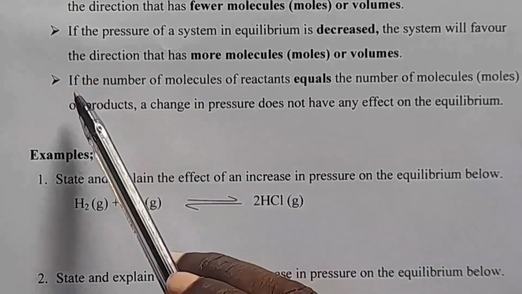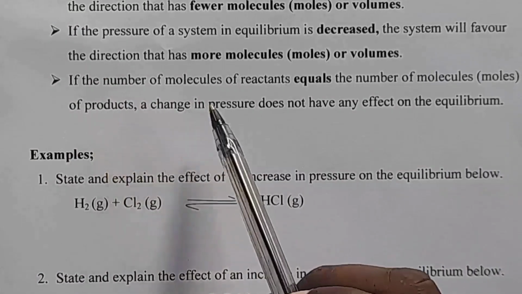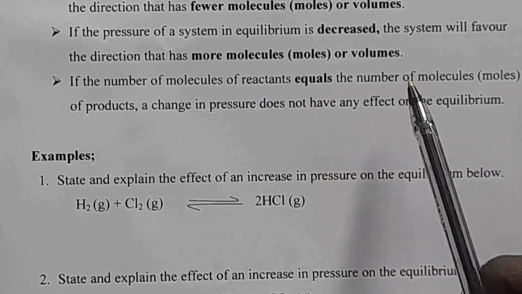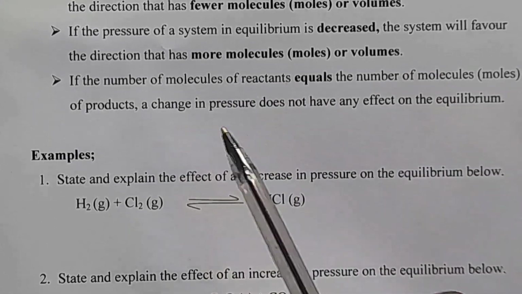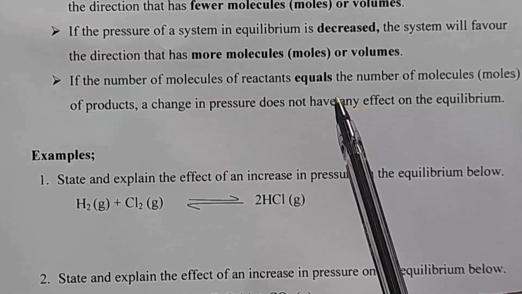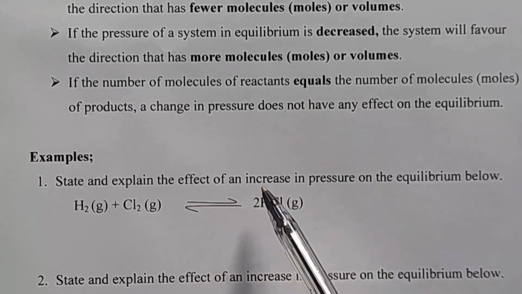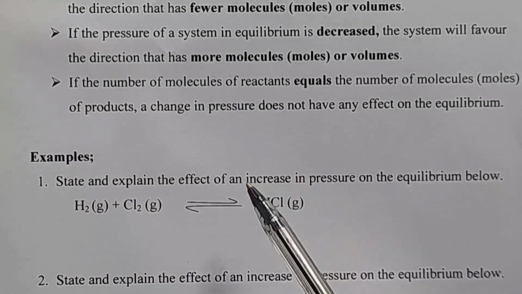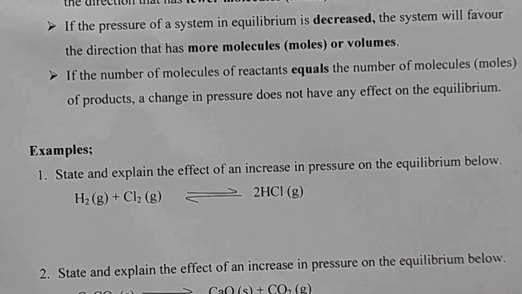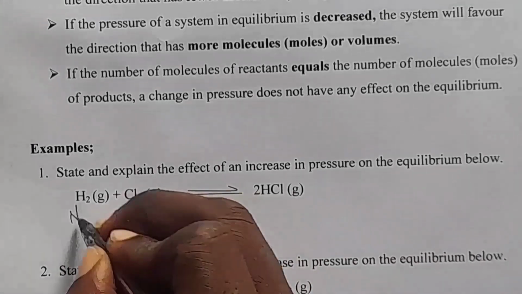We are saying if the number of molecules of reactants equals the number of molecules or moles of products, a change in pressure does not have any effect on the position of the equilibrium. That means for this reaction, if we increase or decrease the pressure, it has no effect. So we say no effect on the position of equilibrium.